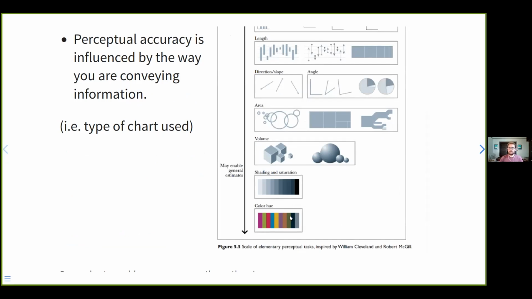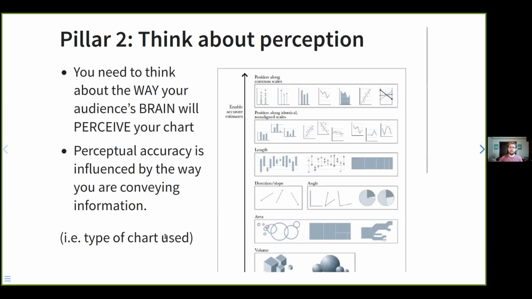Color is actually a very difficult thing to map to an accurate value. And if you're looking to do that with color, it's usually not the best choice. So again, it's important to decide what type of chart you're using based on this idea of perception, and to try to maximize the accuracy of the way people can perceive data and what could help them understand things the most quickly with the least amount of effort.